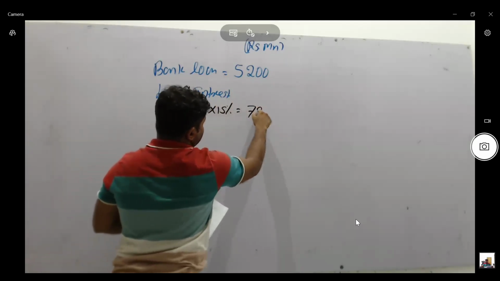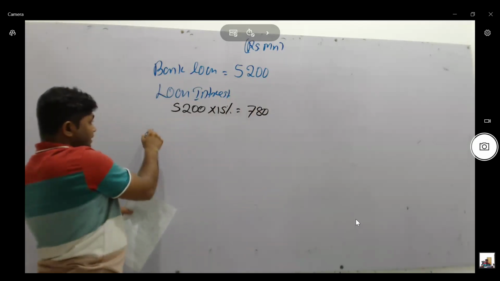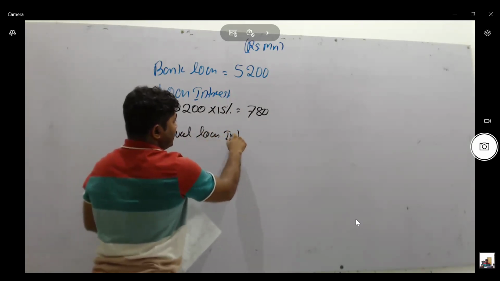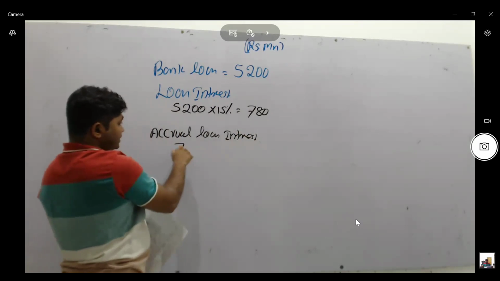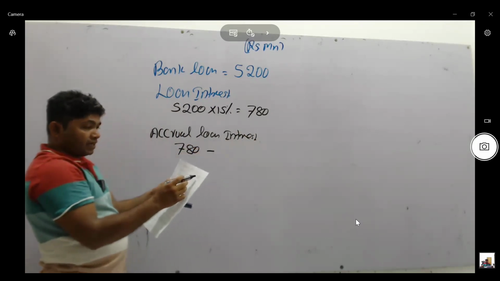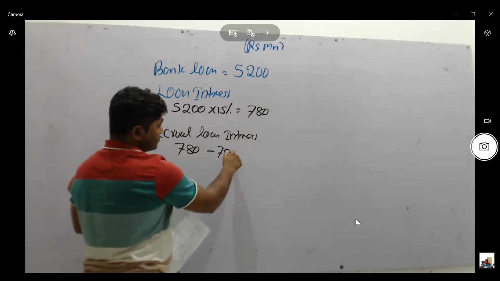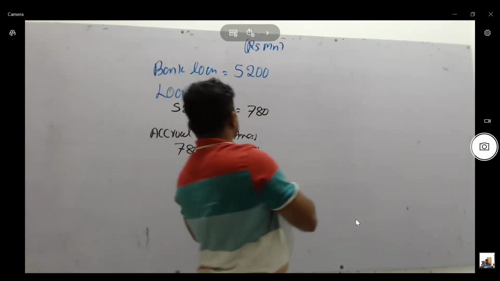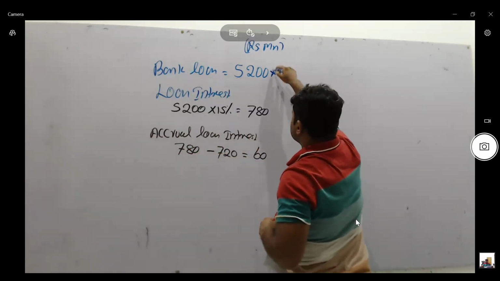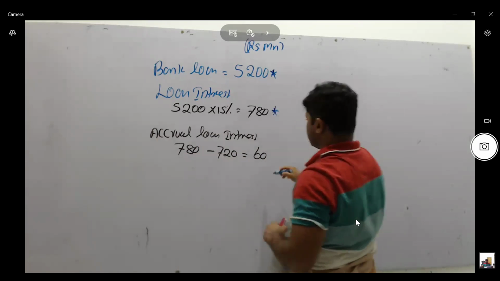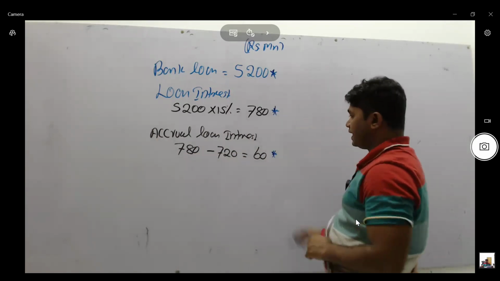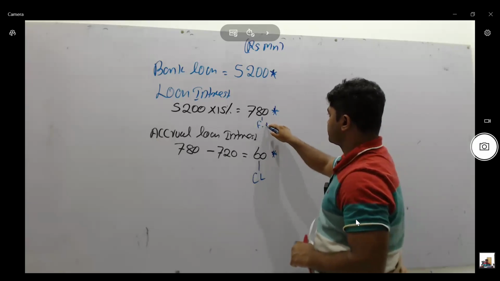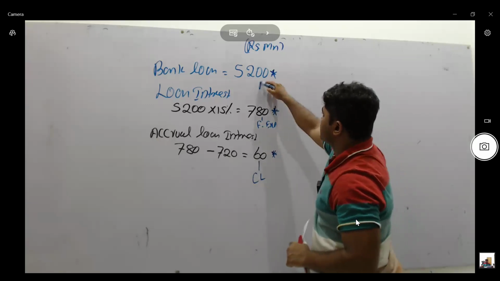This is the value that should be considered as loan interest. Then accrued loan interest: 780 for the year, but the trial balance gives 720. Therefore the unpaid amount is 60 under current liability. This one is non-current liability, this one finance expense. This one current liability, accrued current liability. This value is finance expense. This one is non-current liability.